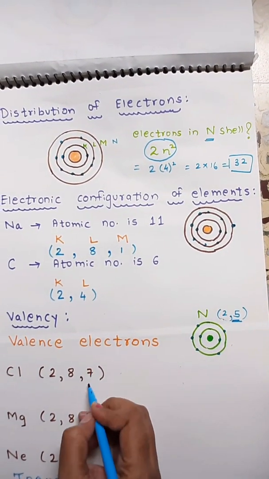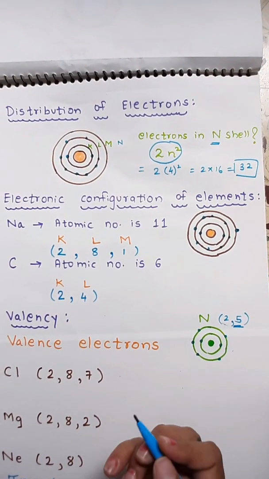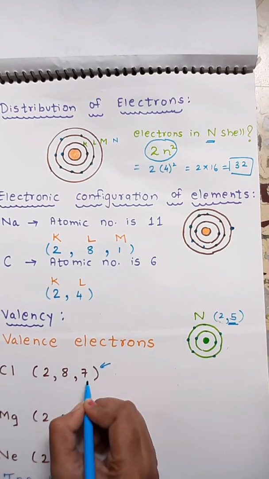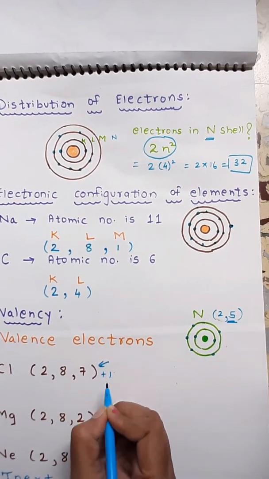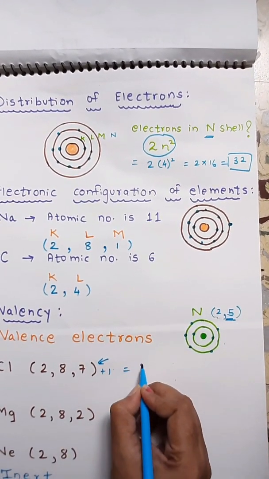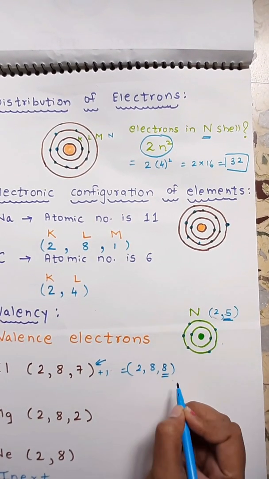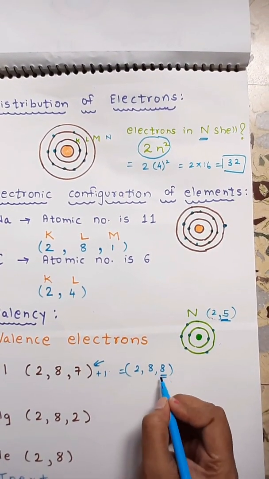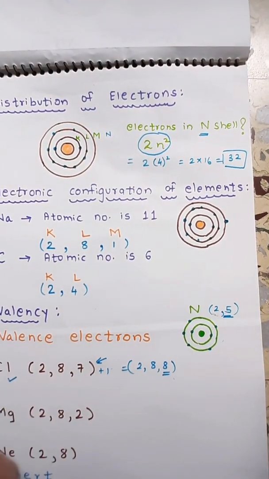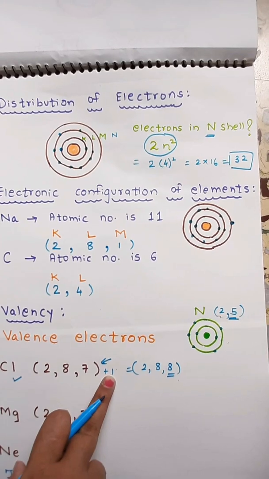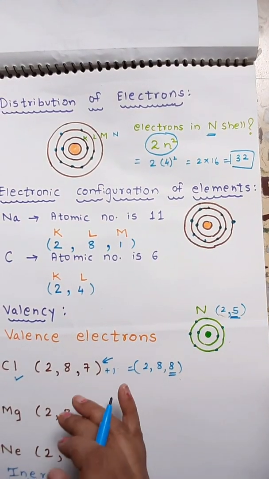It wants to gain stability. It can do that by taking 1 electron. So it can take 1 electron and then it becomes 2, 8, 8. And now if you see, the outermost orbit has completed its octet and therefore it is stable. So the valency of chlorine is 1 because it is going to take 1 electron.